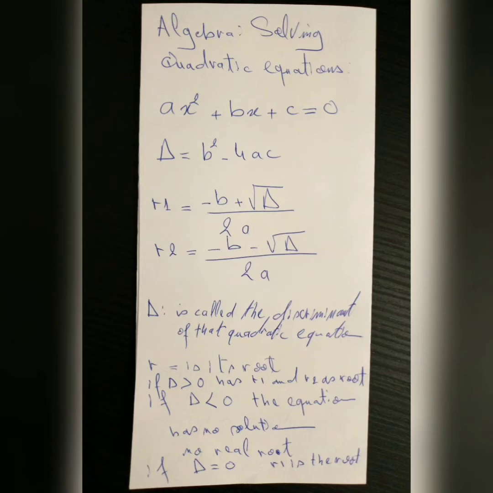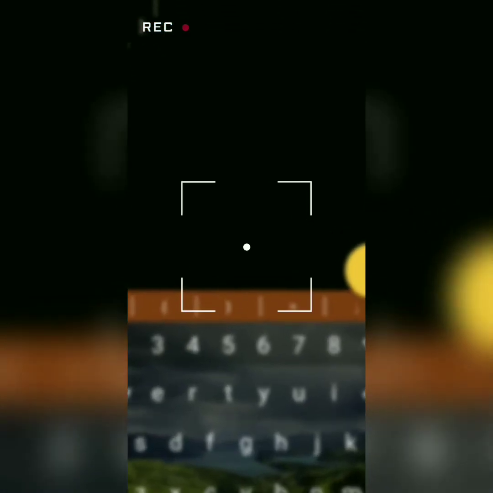So let's start to solve this equation first, and then we will try to make the code and test it and see if our code is working as we expect. So let's get started.